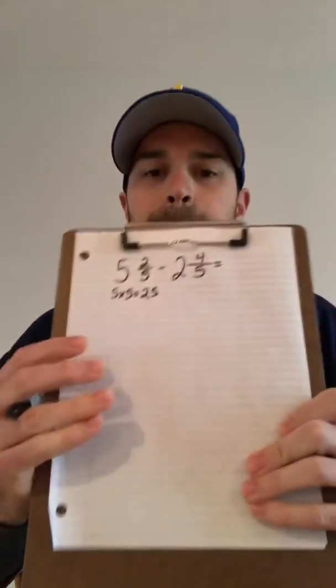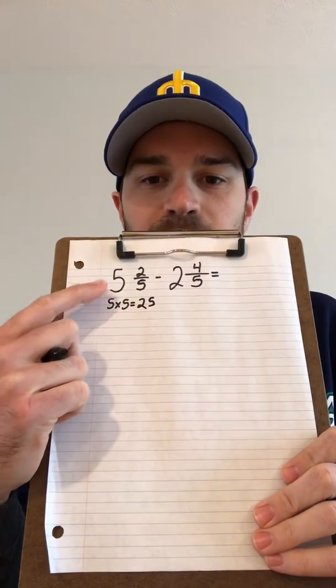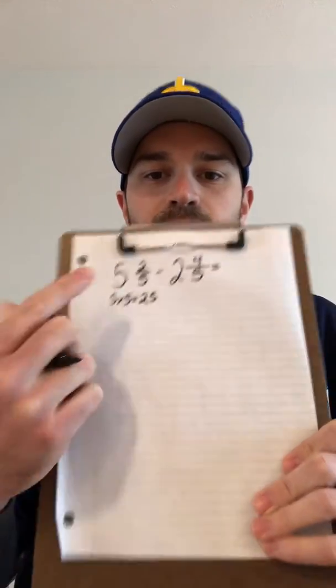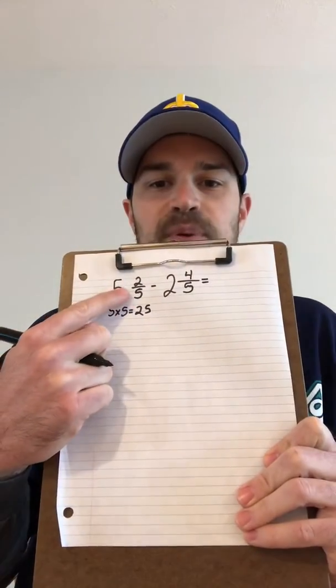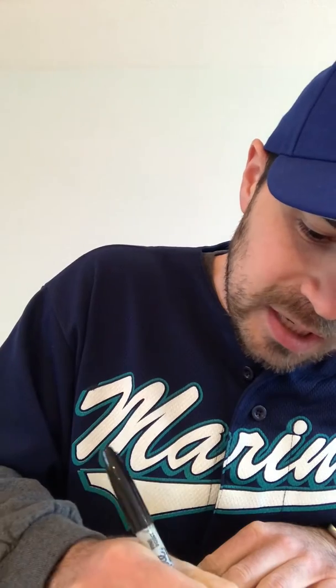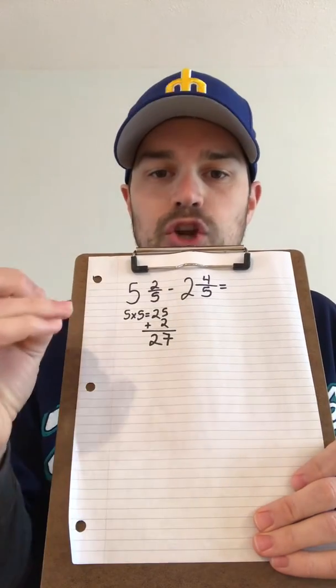All right? Now, after you multiply your whole number times your denominator, you add in the numerator. So it's going to be 25 plus, in this situation, 2. 25 plus 2 gives us 27. Okay? So 27 is now our new numerator.